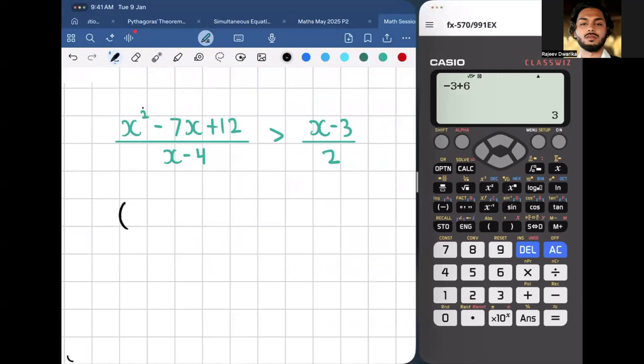What is the first term in this expression on top? X squared. So how would you multiply to get back x squared? Think about what x squared means.